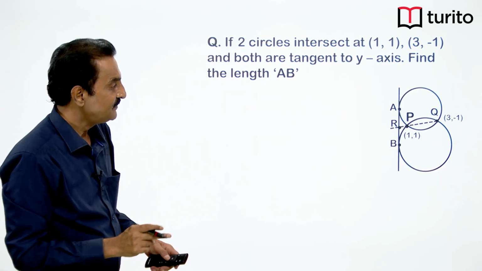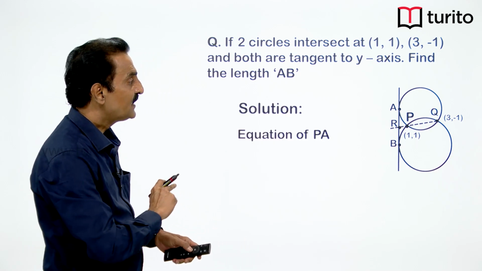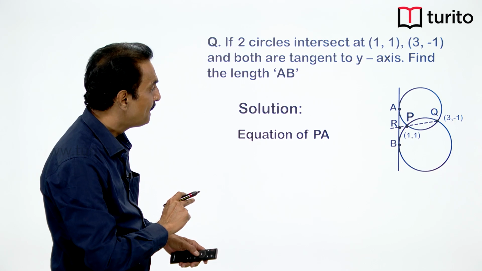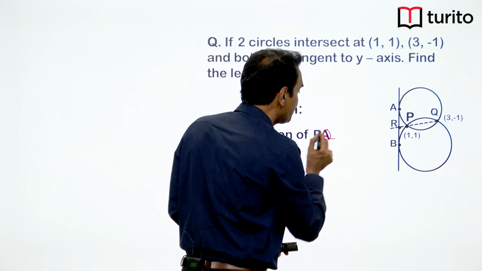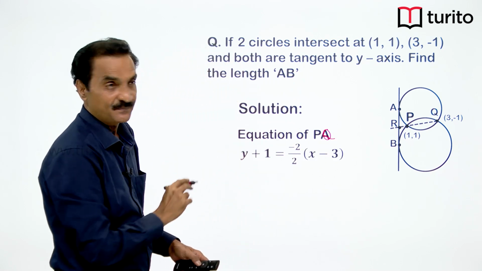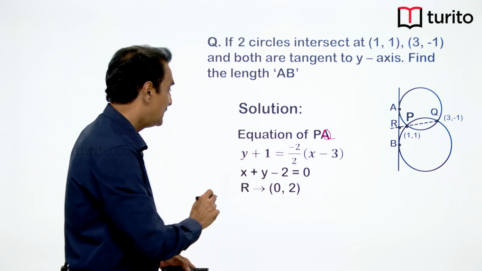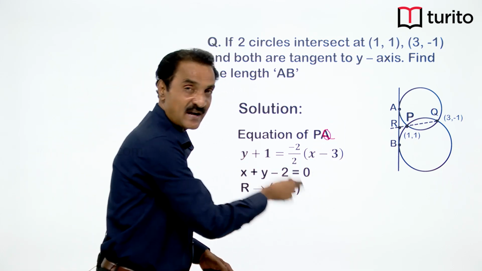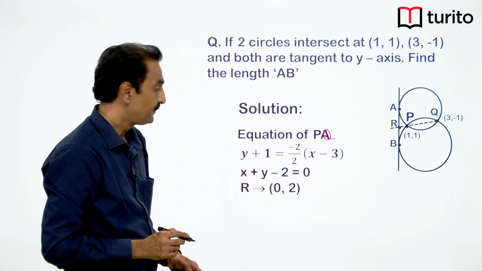So, that is the diagram. Equation of, not PA, it is PQ. Equation of PQ will be x plus y minus 2 is equal to 0. So, solving it with y axis, we get R is equal to 0 comma 2.